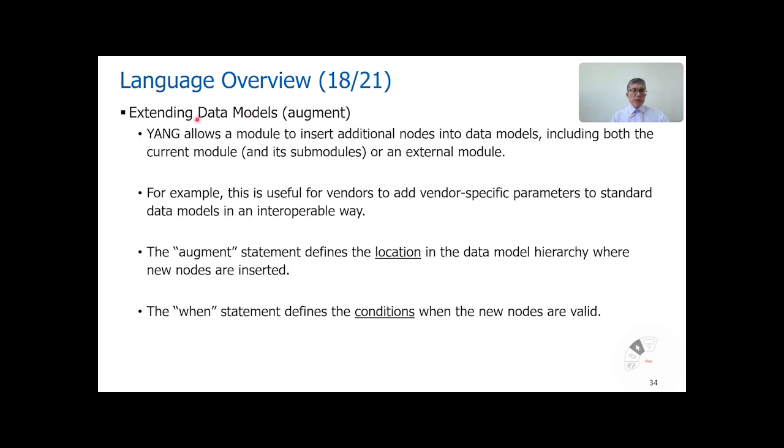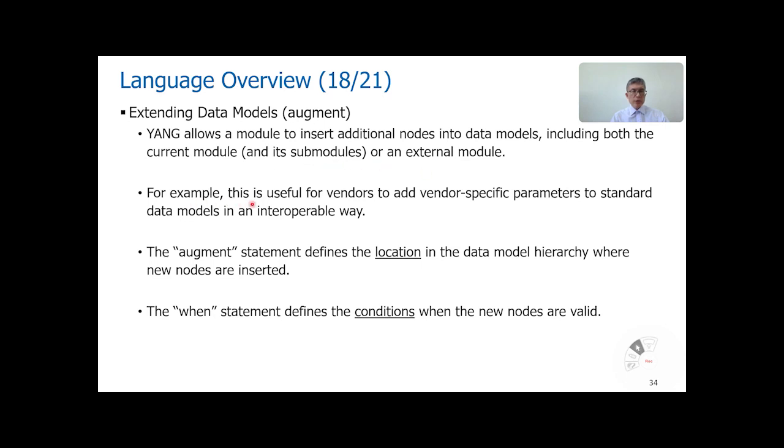And the next concept is augment, for extending the data model. So using augment, we can insert additional nodes into the data model, including both the current module and its submodules or an external module.